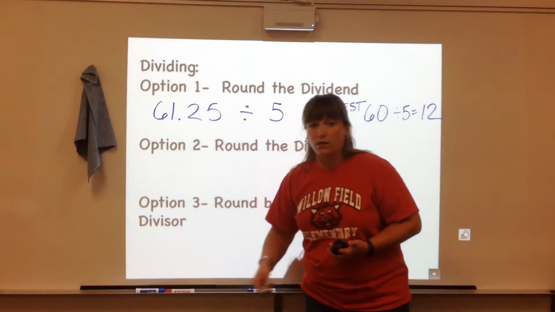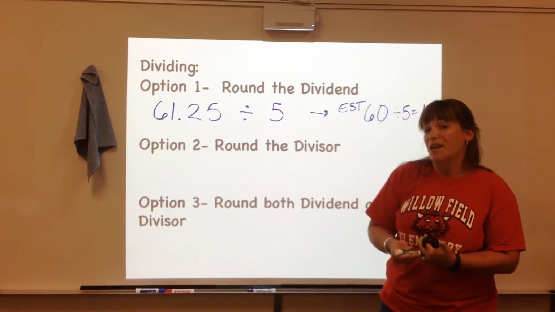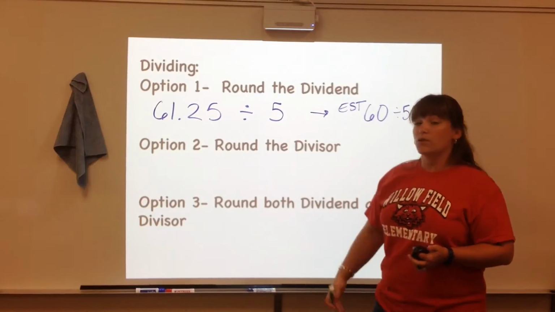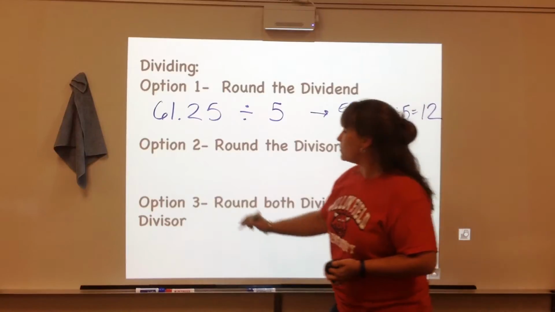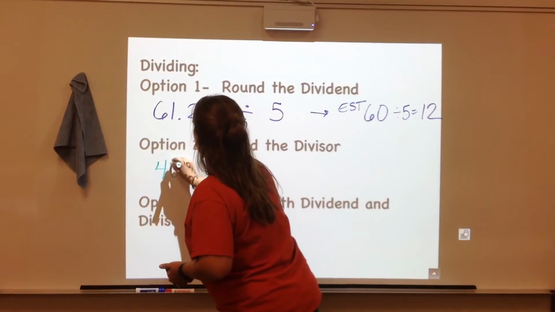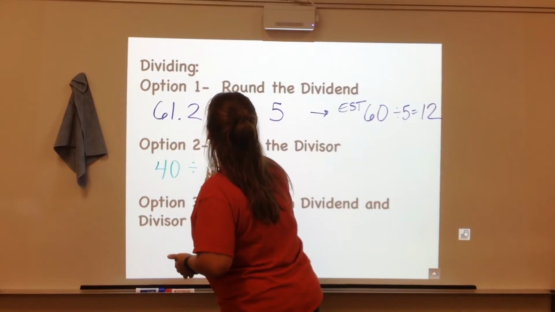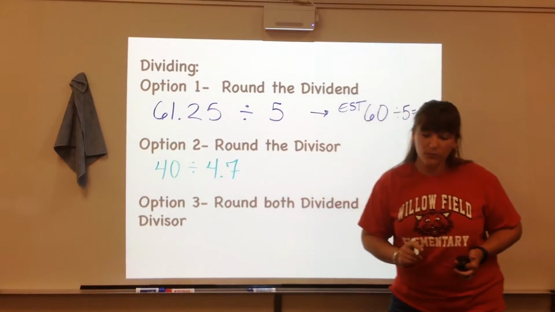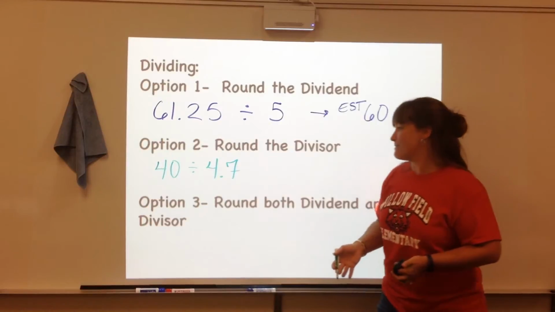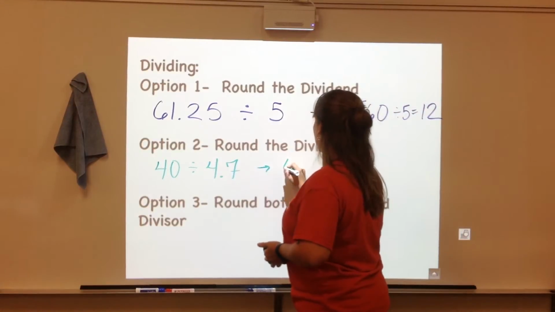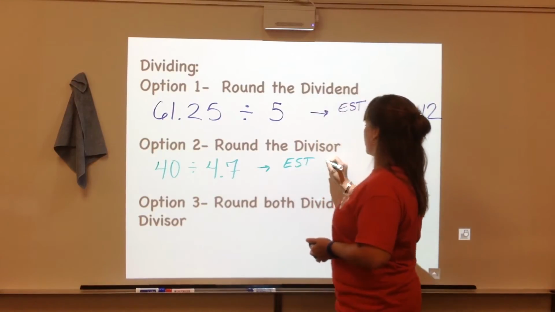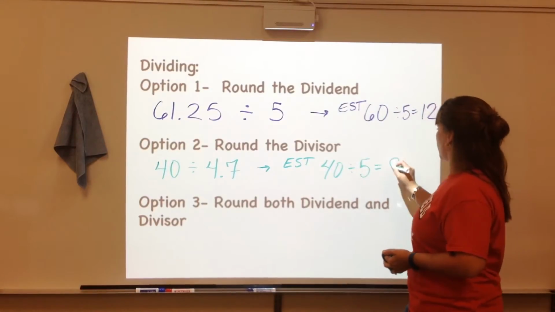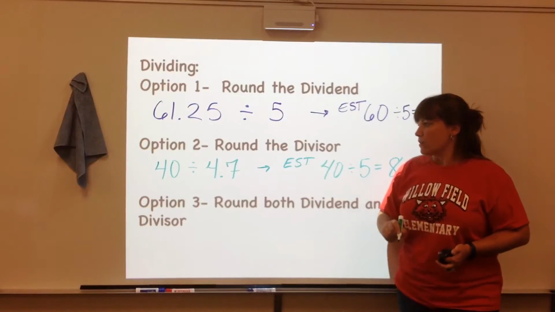Sometimes you'll have a division problem that you're supposed to estimate, and the divisor is going to be a decimal. So our example for this one could be that 40 is going to be divided by 4.7. Now we only want to change the divisor. So now our estimate is going to be 40 divided by 5, or 8.